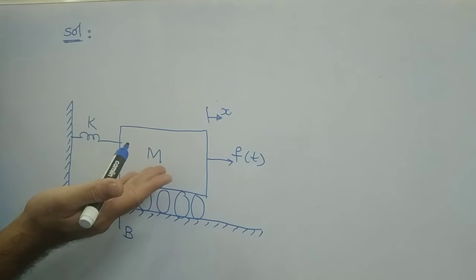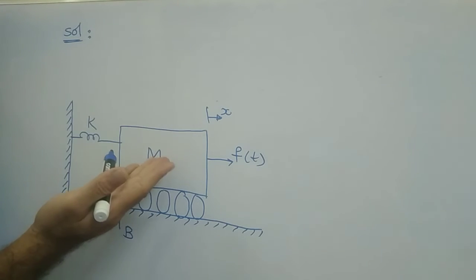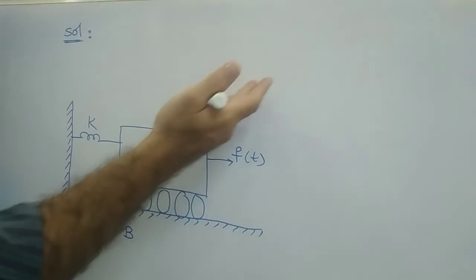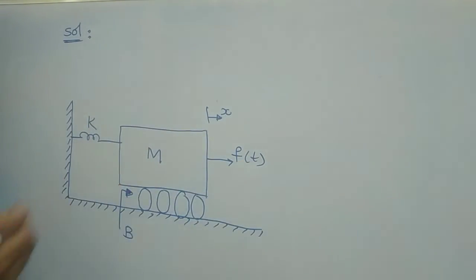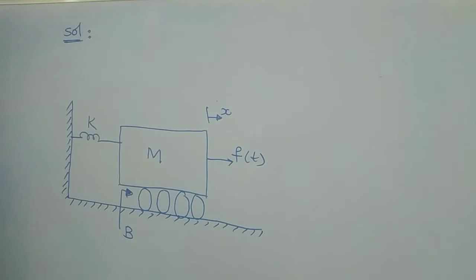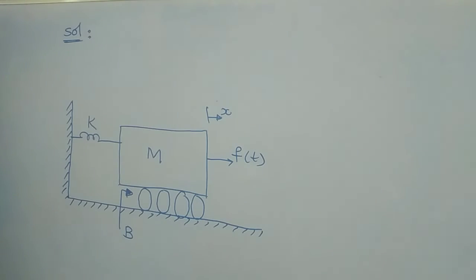Therefore, you have one differential equation. If two blocks are given, definitely there should be two displacements, and you will have two differential equations. So the number of blocks indicates the number of differential equations. Remember that.